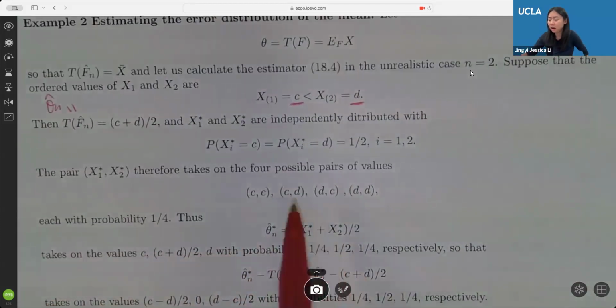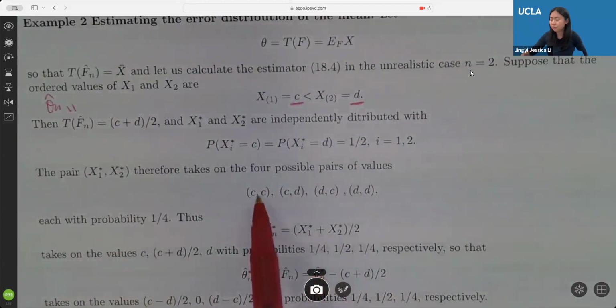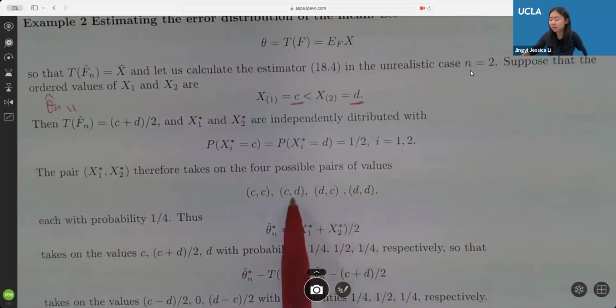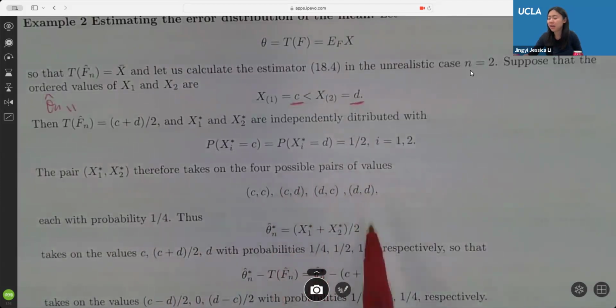Then given all possible values of x1 star, x2 star, theta n hat star can take three values: C, (C plus D) over 2, and D. The value (C plus D) over 2 takes twice the probability, because each pair is 1/4 and they have the same average. So this average has probability 1/2, the others 1/4.